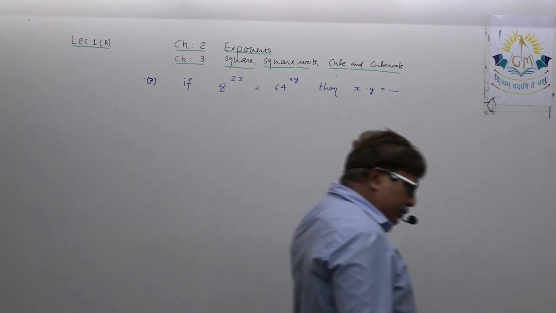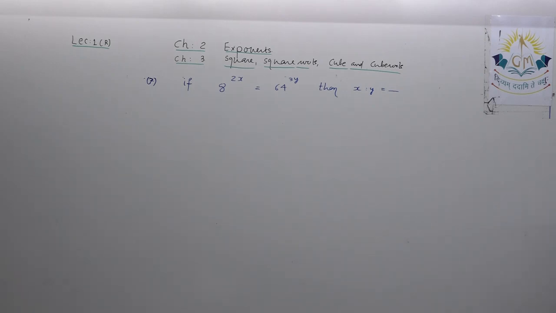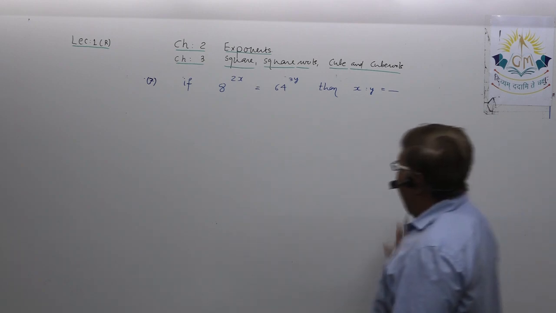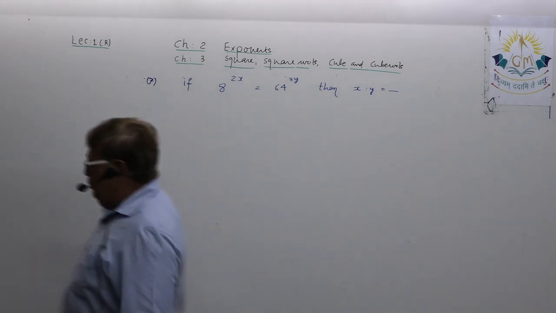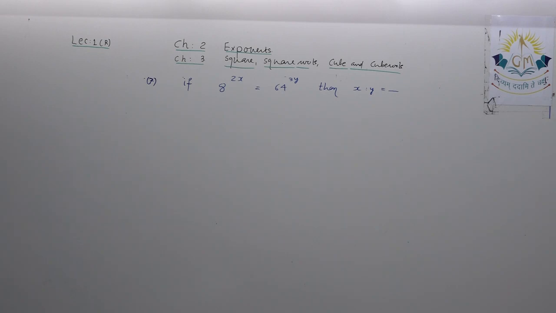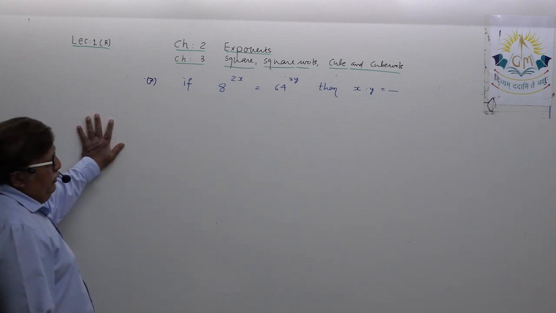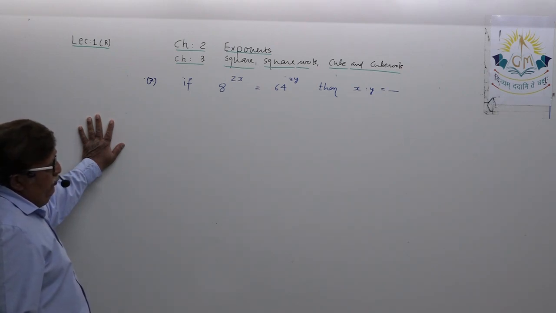I will give you just 2 to 3 minutes time to solve this particular example just now in SLP. 8 raised to the power of 2x and 64 raised to the power of 3y, and you are looking for how to find x is to y.